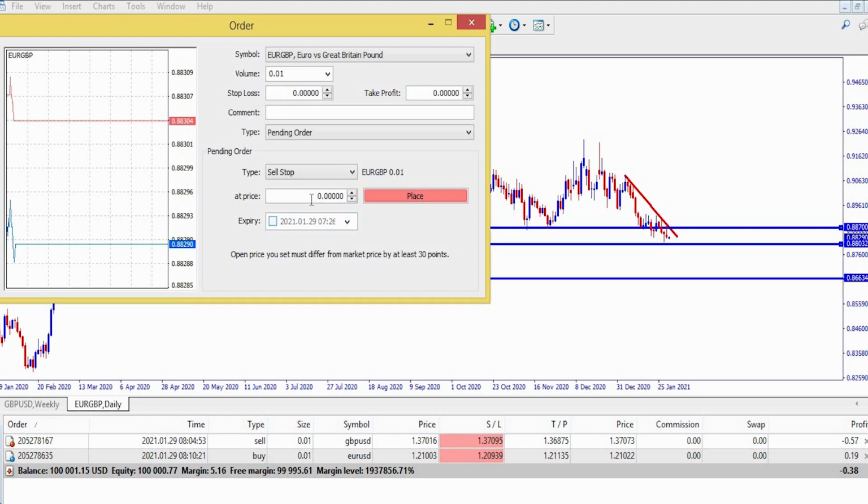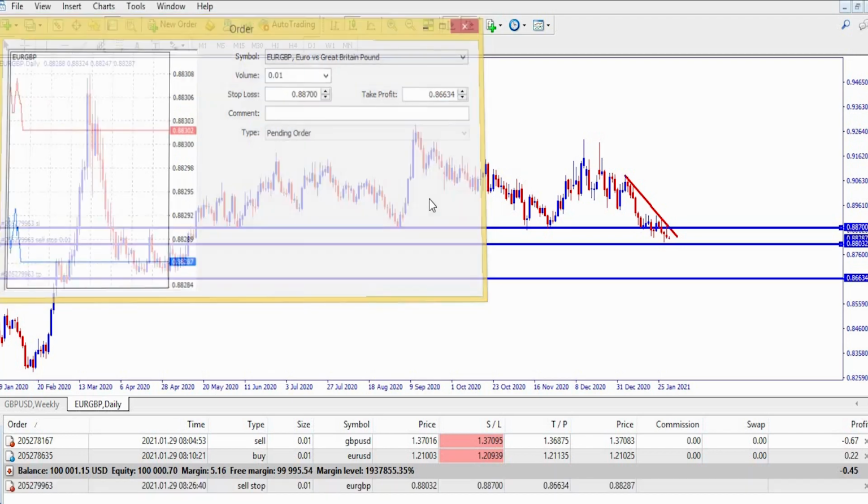So the price at which I want to sell is 0.88032. The stop loss is 0.88700. Then my take profit is 0.86634.